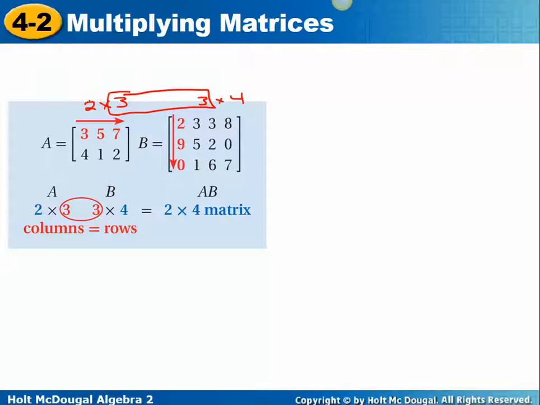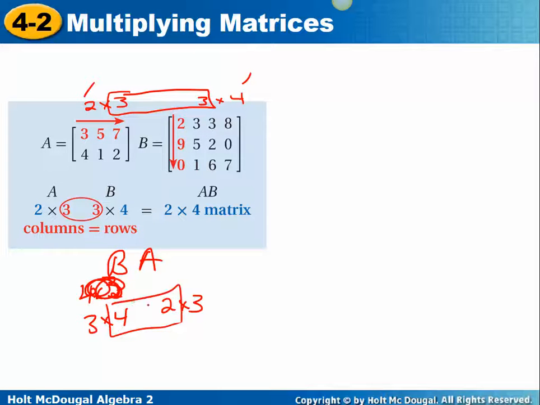And then you would result in a 2 by 4 matrix, the parts that are left. Now you would not be able to multiply B times A, because B is a 3 by 4, and A is a 2 by 3. And these two do not match. So you could not multiply these in the other order.